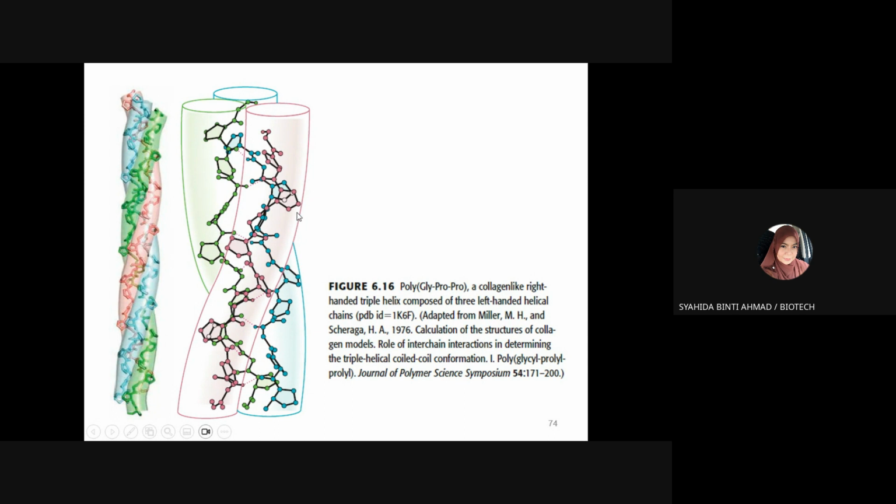And then twisted. So even though it is actually a beta, because of the sequence of the three amino acids, it tends to tangle and become a triple helix, right? That's why this collagen structure becomes very rigid.